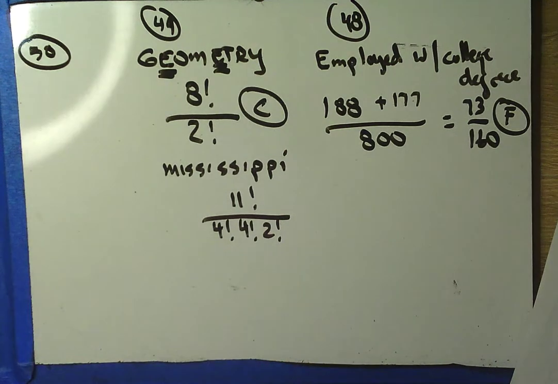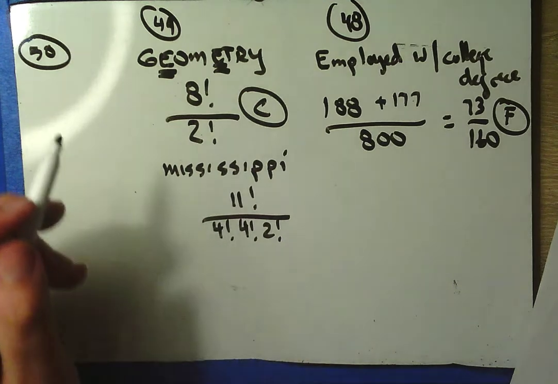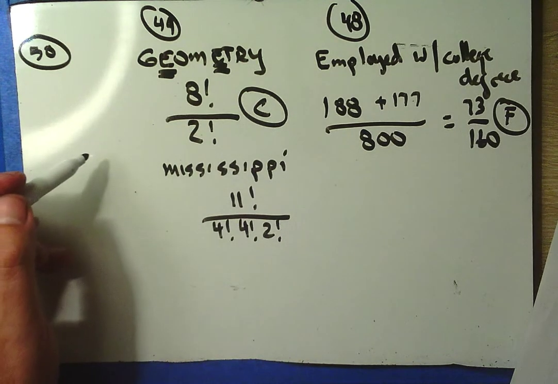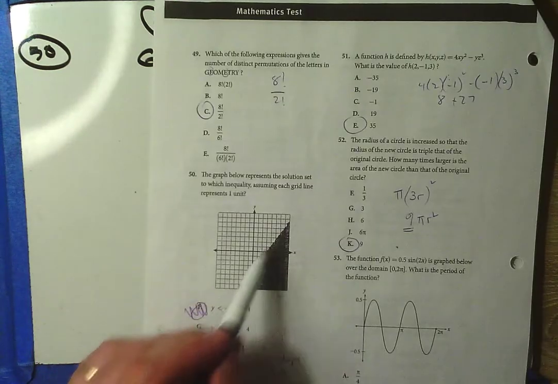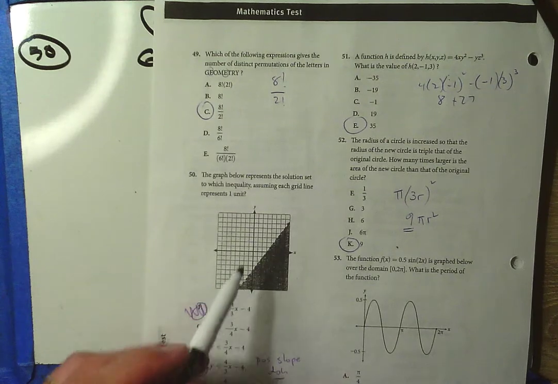So we're asked to write the equation of this inequality. And we didn't do this yet. We will be doing it probably in early December. Let's start with this line. Let's see if we can write the equation of the line here first, and then we'll worry about the shading and the inequality symbol.